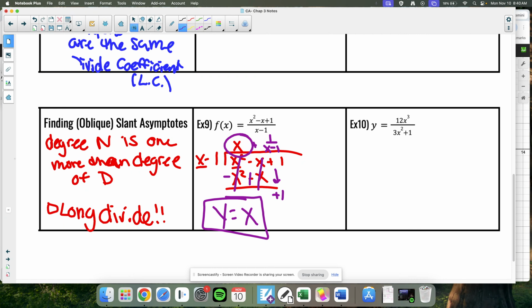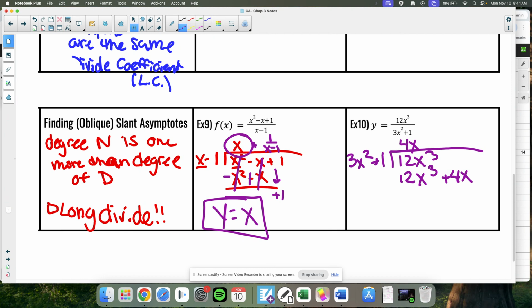Next to it, do you see how the numerator is 1 more than the denominator? So you're going to do long division. How do you make a 3x squared into a 12x to the third? 4x, so then we get our 12x to the third, and then we are going to get a plus 4x, which means technically how many x's are in 12x to the third? 4.